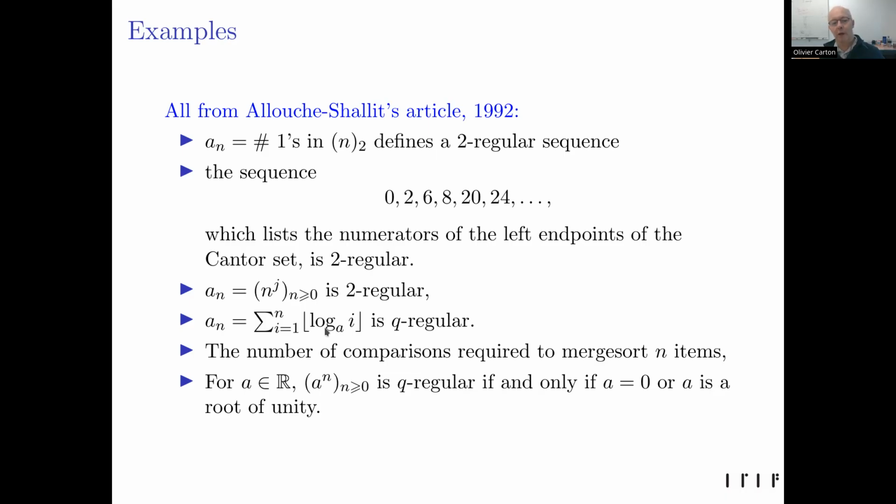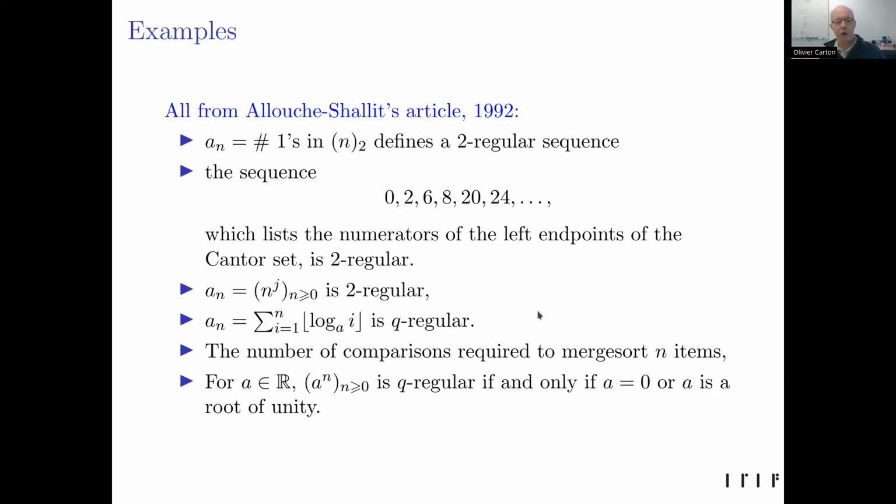This is more or less, instead of counting the U, you count the number of digits in the expansion. And also a more computer-oriented sequence: if you look at the number of comparisons in the merge sort, then it gives a regular sequence.